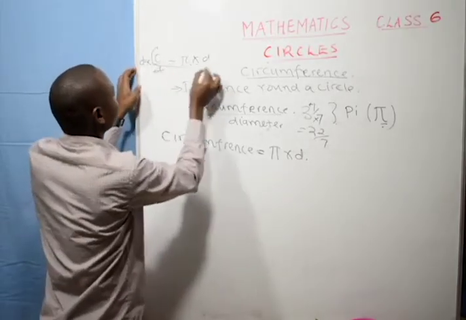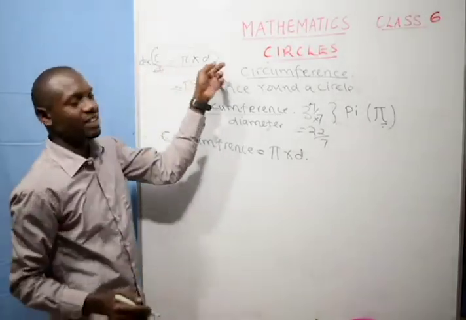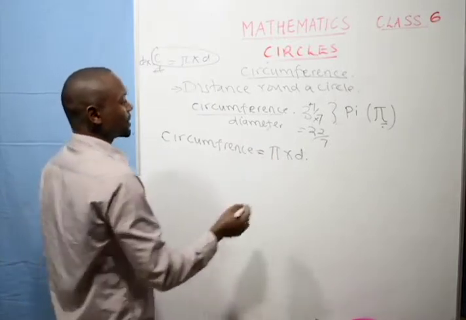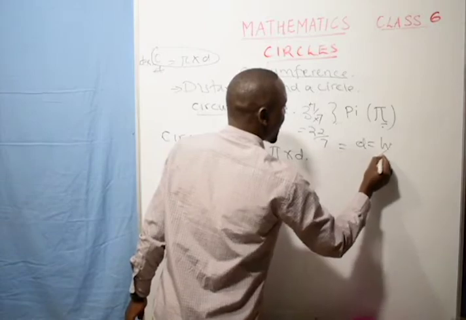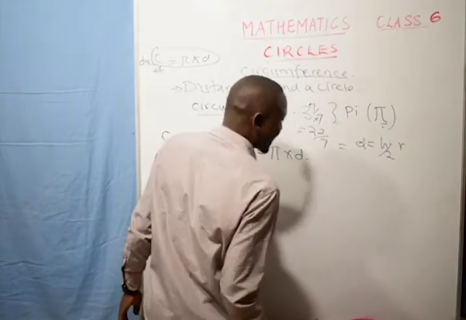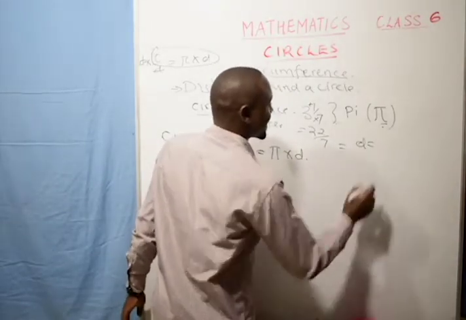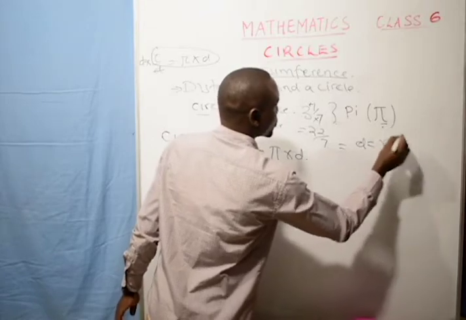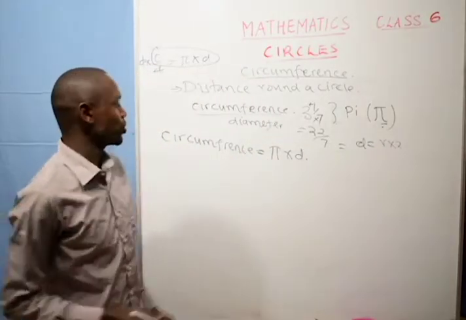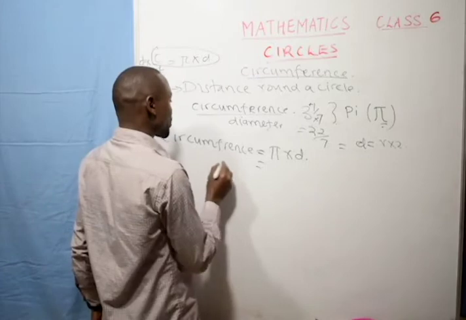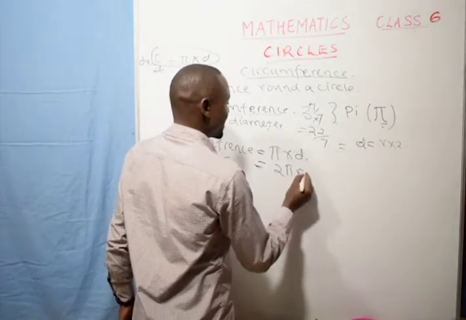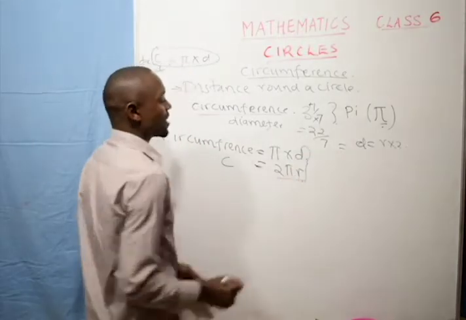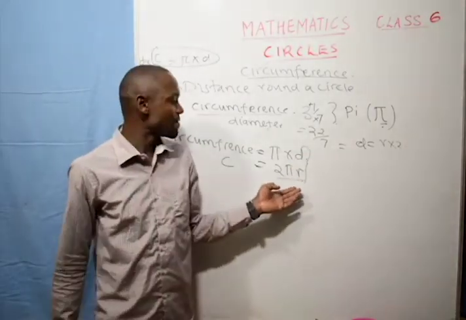So circumference is given by pi times diameter. We have said the diameter is twice the radius. Diameter is radius times 2. So we can still say that the circumference of a circle, which is c, is given by 2 pi r. That is the formula for working out the circumference of a circle.